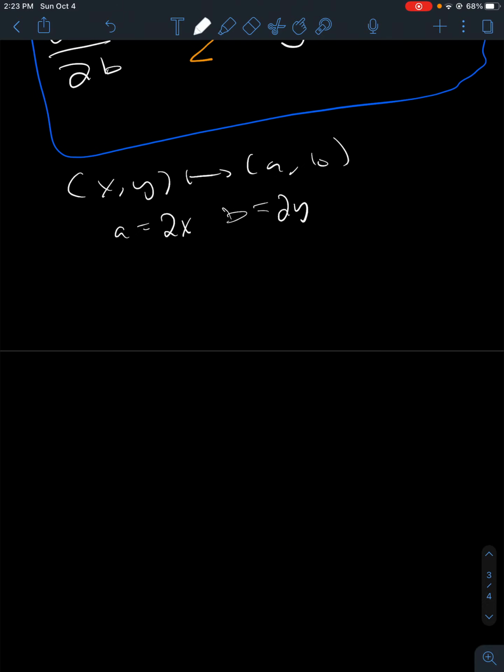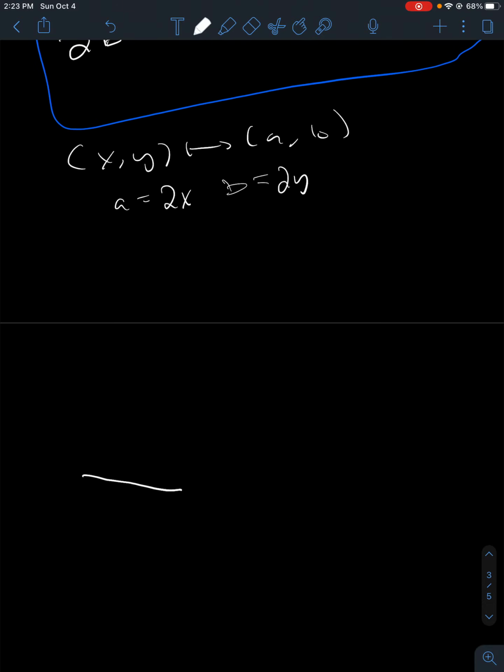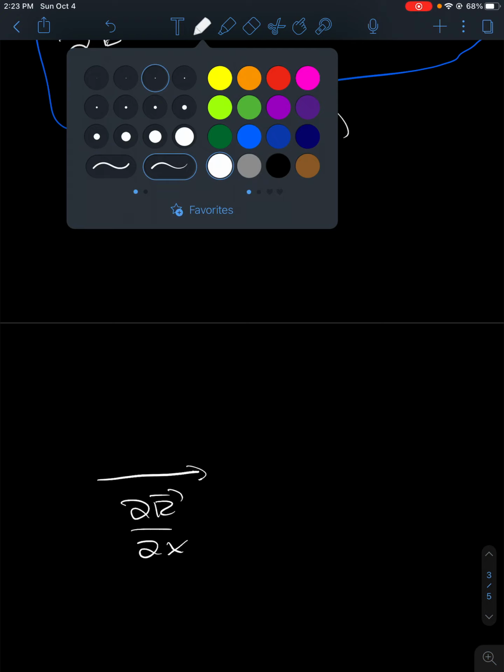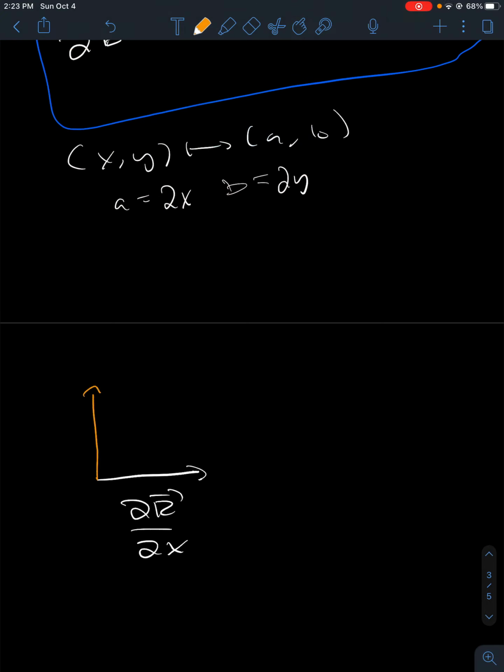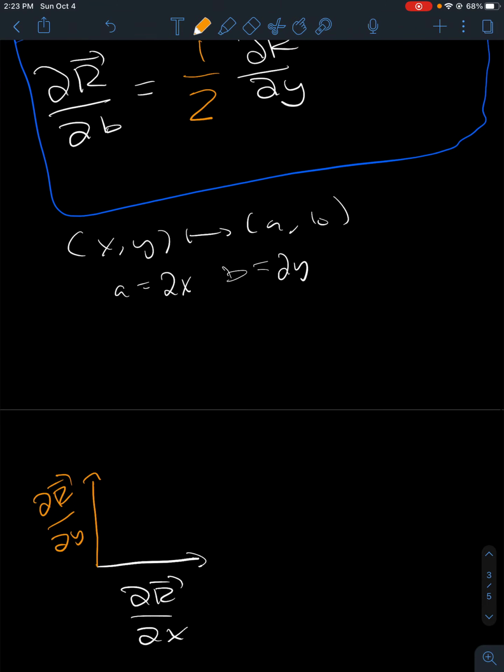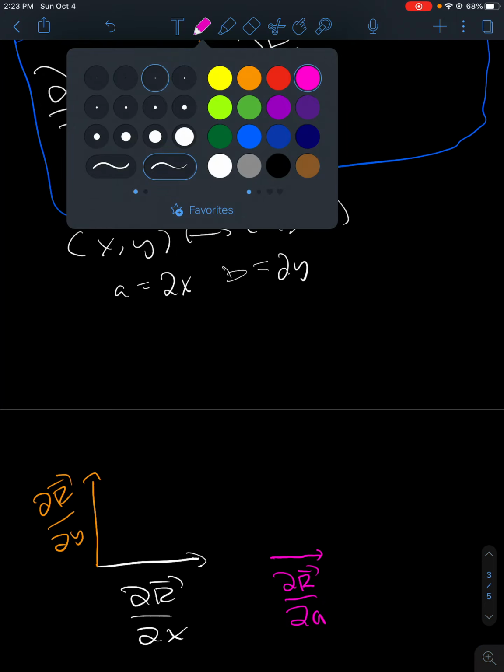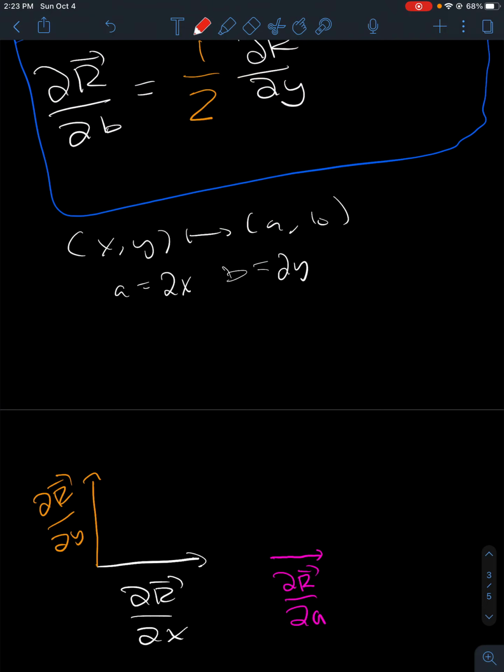So let's actually draw these vectors out. This is the x vector, and this is the y vector. They're both unit vectors, by the way. Then our a vector would look like this. It's going to be 1/2 that size. And the b vector would be 1/2 of y.